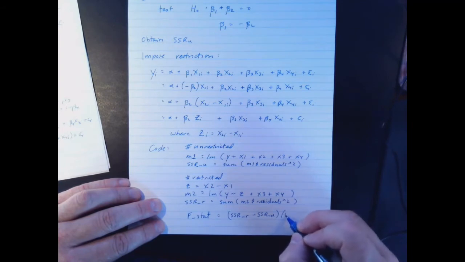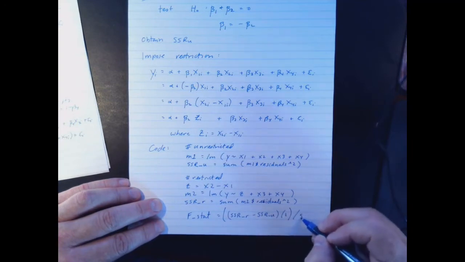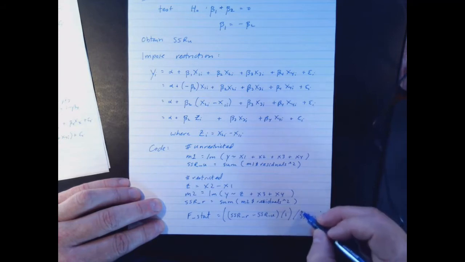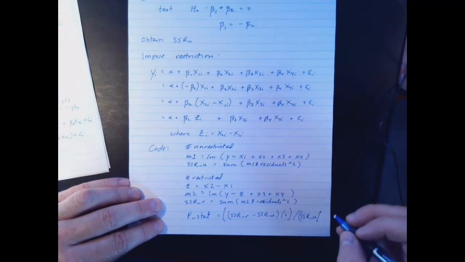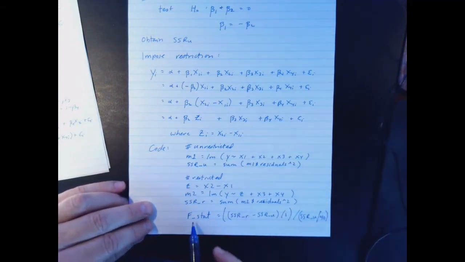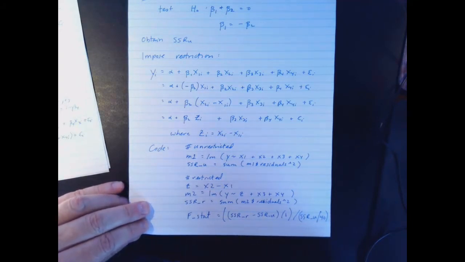We have one restriction, and then we divide by SSR unrestricted over, and then I think we're using 40 still. So then that would give us the F statistic that we want.